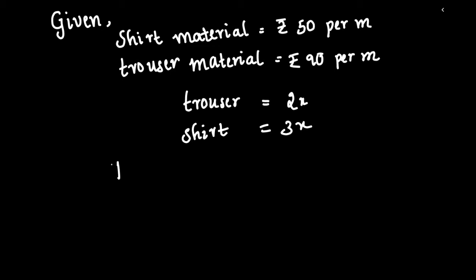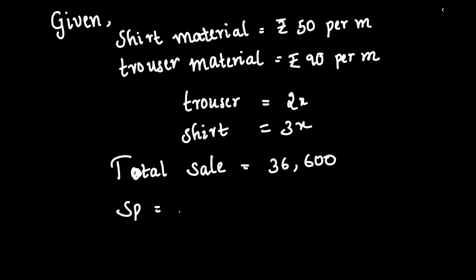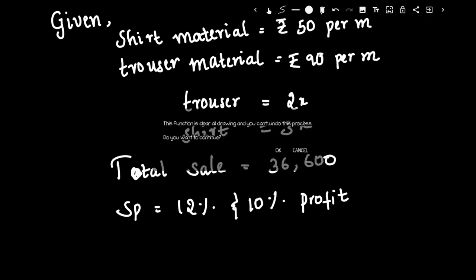The total sale given here is 36,600 rupees, and they also gave the profit percentages: 12% for shirt and 10% for trouser materials. With these hints and values we have to find how many meters of trouser material he bought. So let us start solving now.